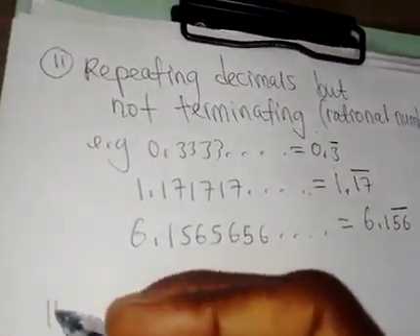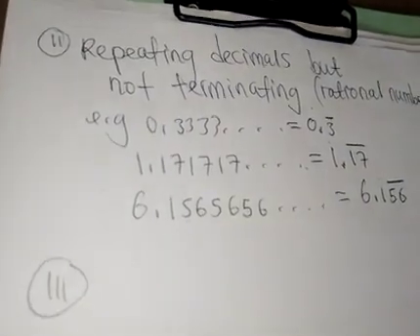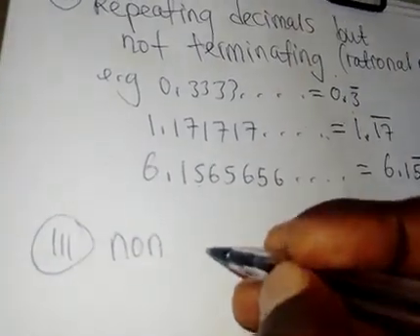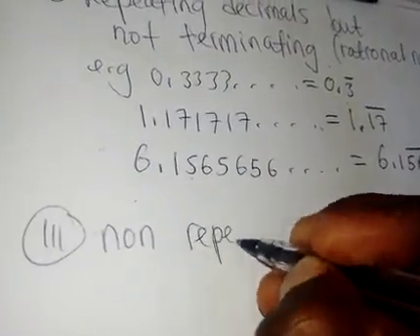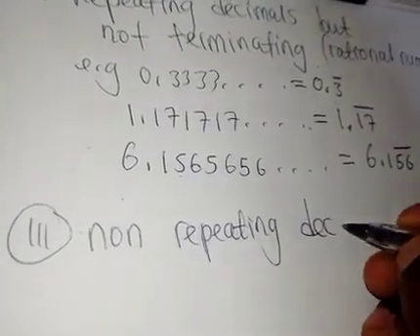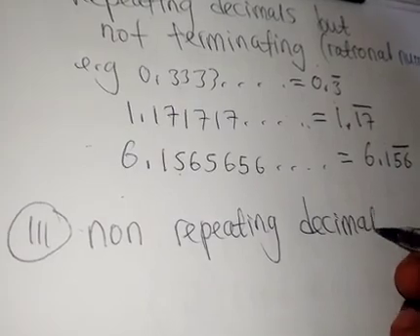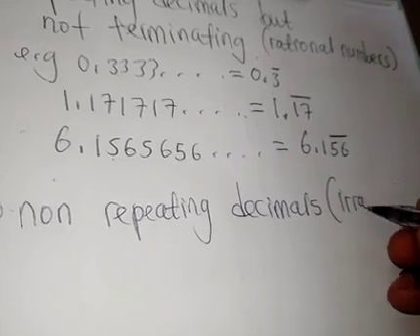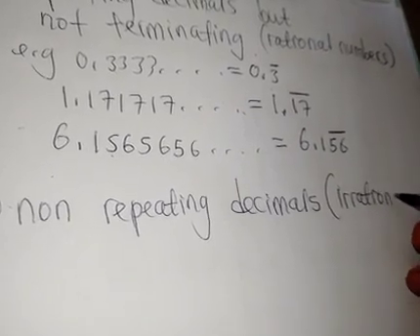And the last group of these decimal numbers are the non-repeating decimals. So non-repeating decimals belong to irrational numbers.